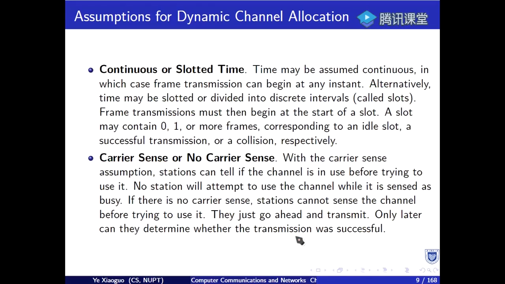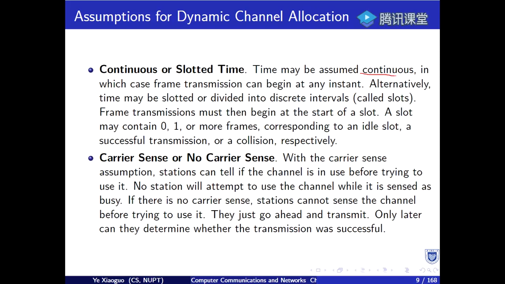The fourth assumption is continuous or slotted time. Time may be assumed continuous, in which case frame transmission can begin at any instant.